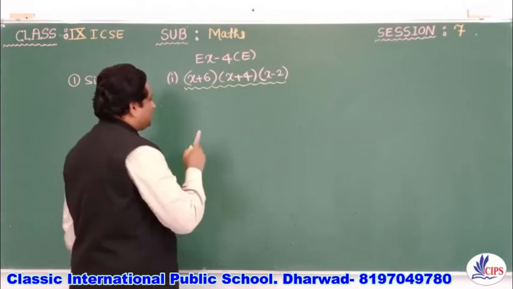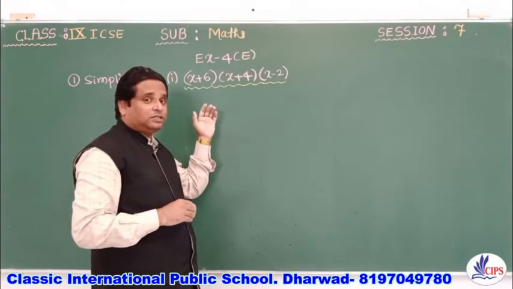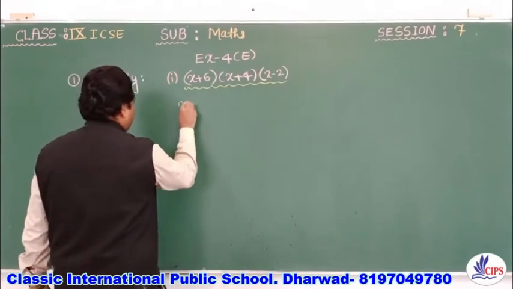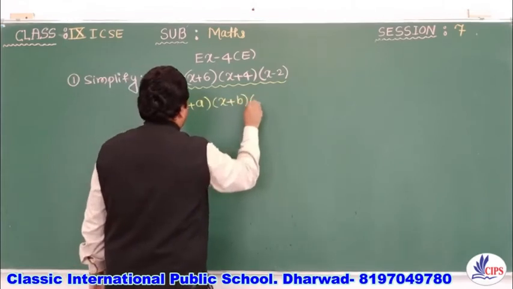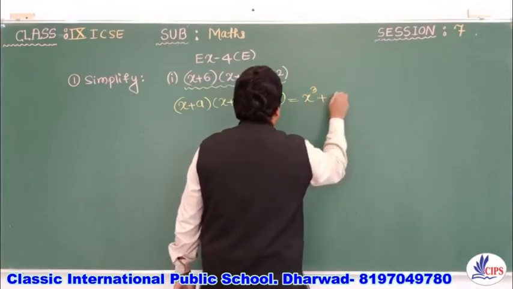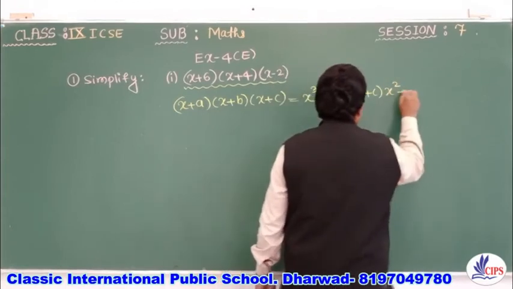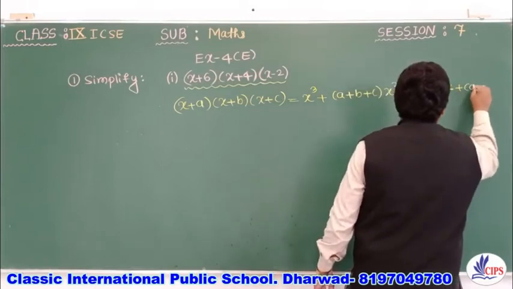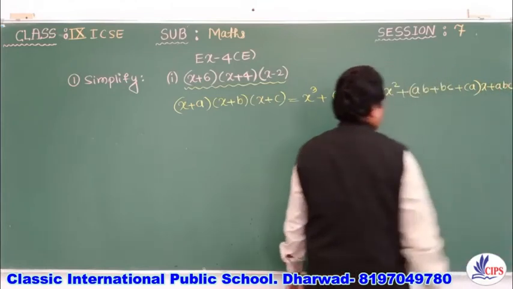Right? The first time I will write the product, but from the second time onwards I will not write the product, I will directly do it, children. Okay, first time I will write it. (x plus a) into (x plus b) into (x plus c) is equal to x cube plus (a plus b plus c) into x square plus (ab plus bc plus ca) into x plus abc.